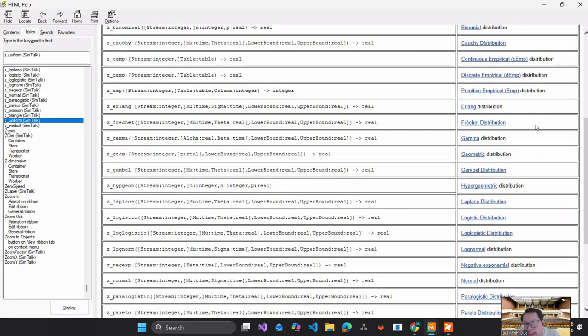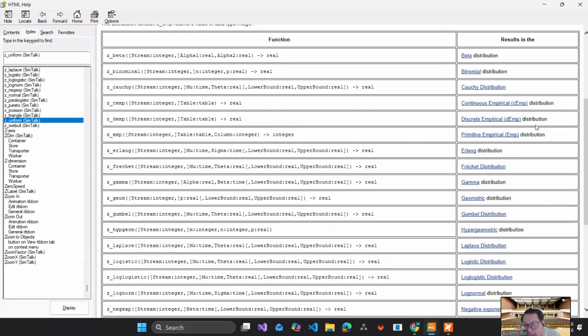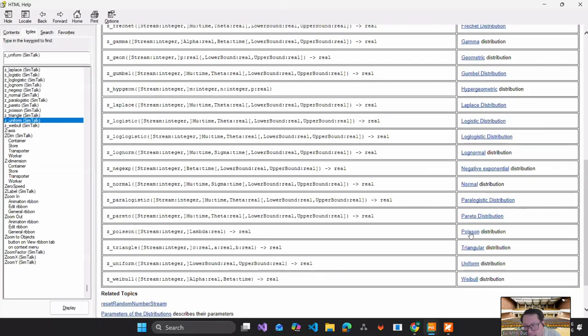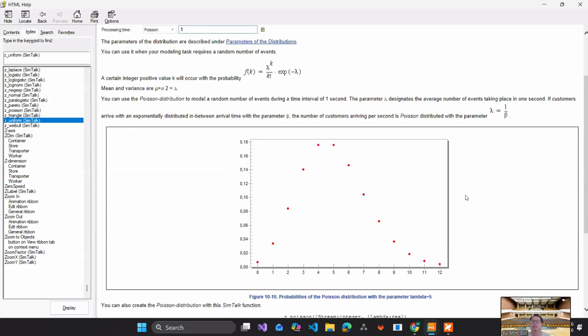Okay, and for example, another distribution we have here, maybe a famous one, is Poisson. The Poisson distribution is just like the normal distribution, but with a smaller population or lower data. If you have a lot of data, then your system will perform as a normal distribution, but sometimes you cannot observe a million cases.